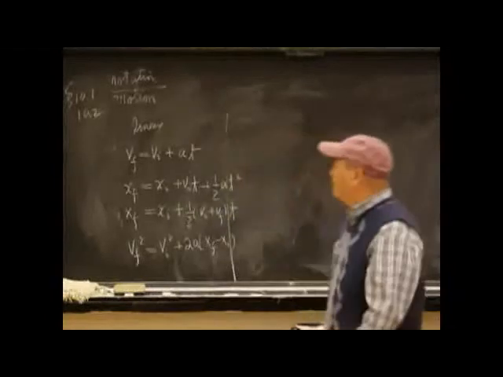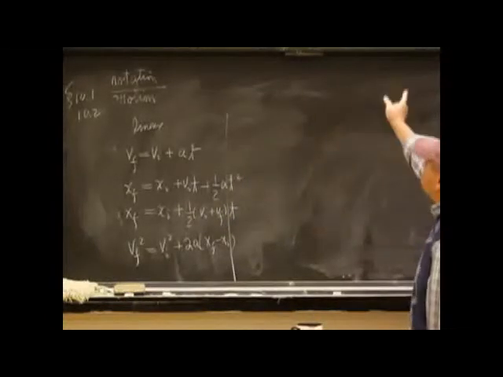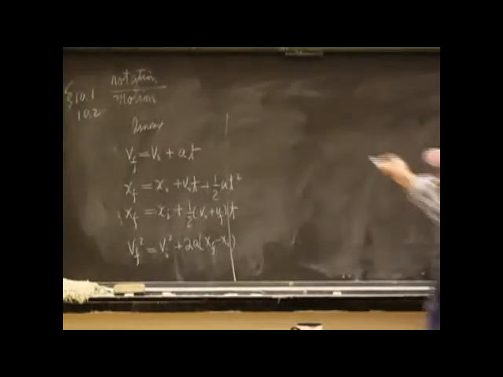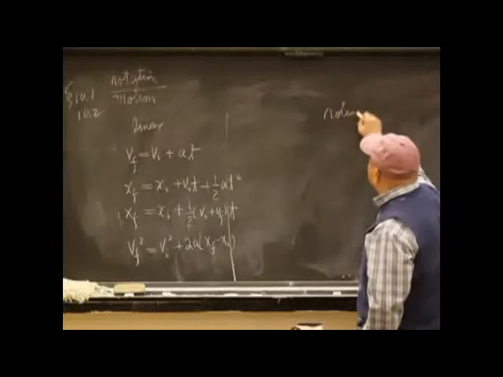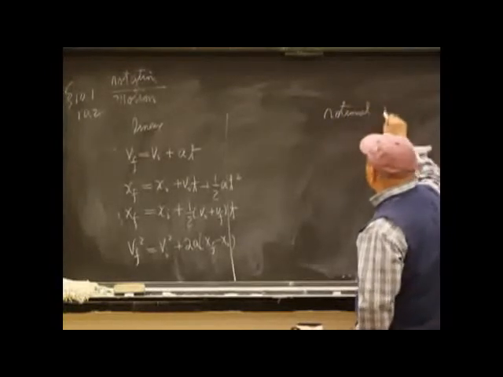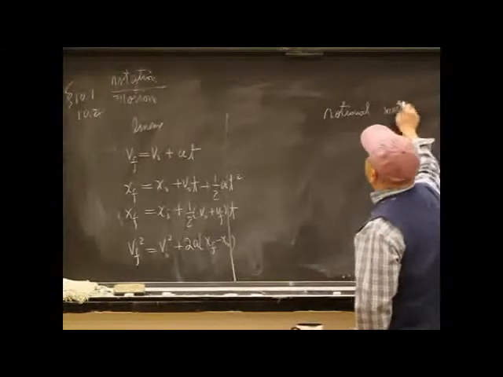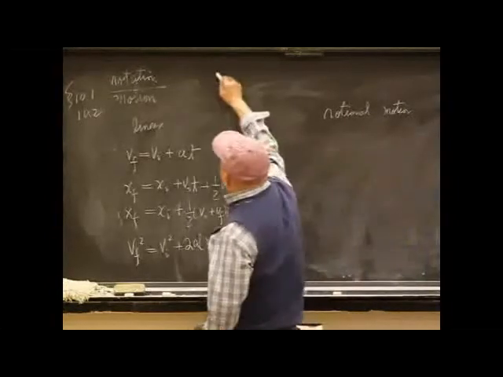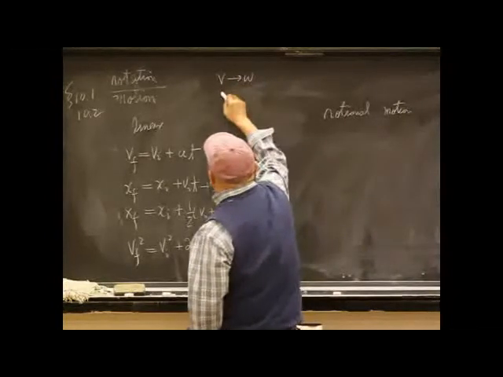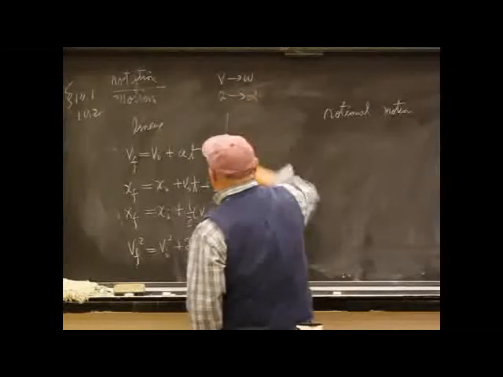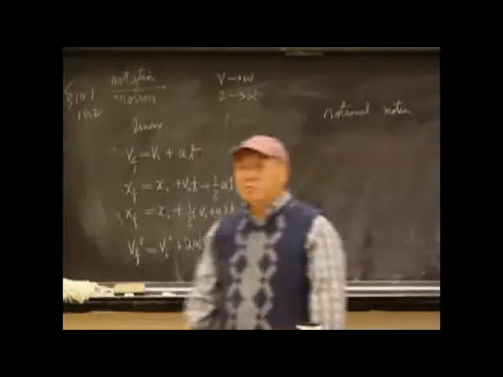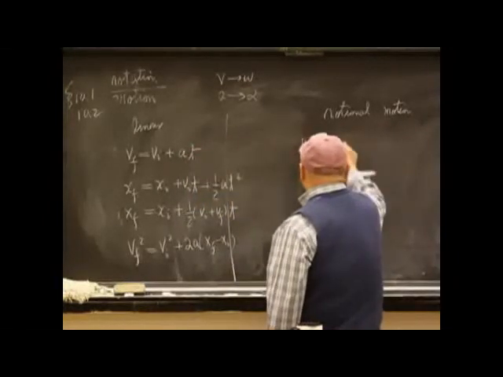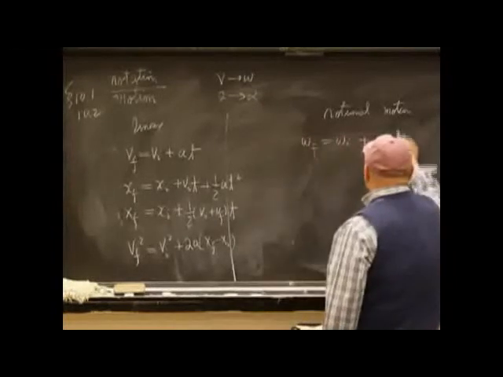Ladies and gentlemen, each one is corresponding. V corresponds in rotational motion to omega. So basically, v changes to omega and a changes to alpha, and x changes to theta. So omega sub f equals omega sub i plus alpha t.